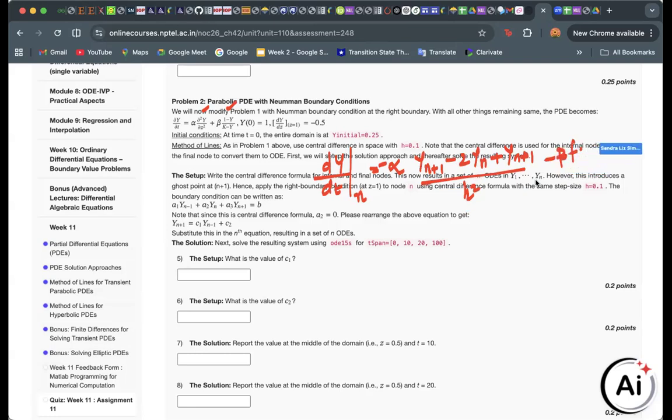So when you write this equation, you don't have this yn plus 1. That is the whole point. So for that, what you do is we have to substitute this equation, that is c1 yn plus 1 plus c2.